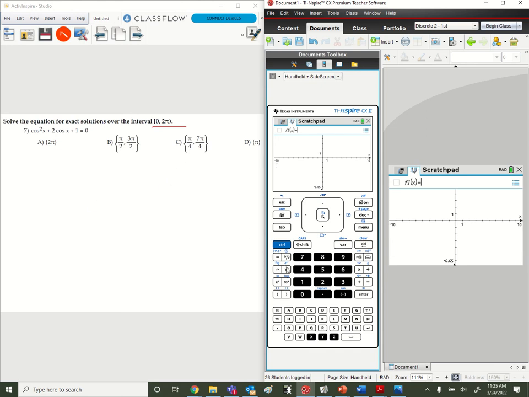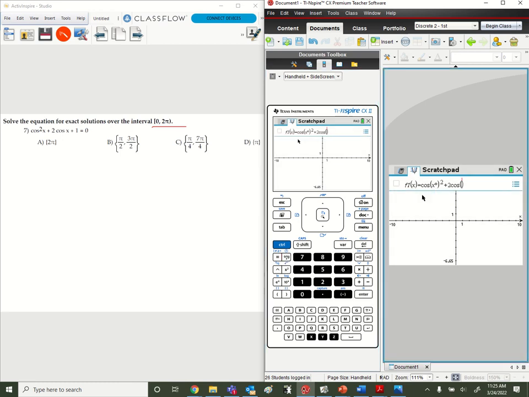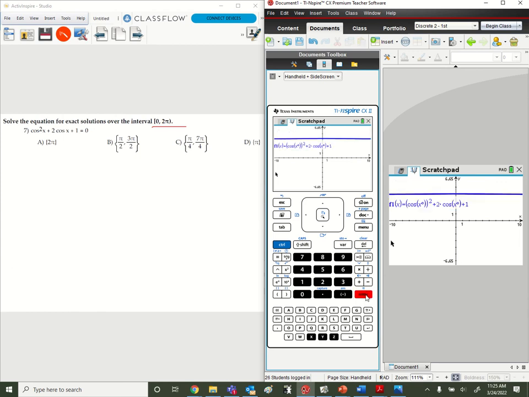So we have trig, cosine x degrees, close, square, plus 2 cosine x degrees, close, plus 1. Hit enter. You're like, oh no, it doesn't work.